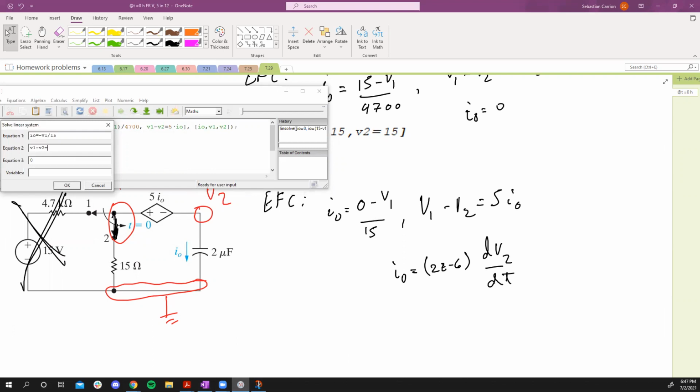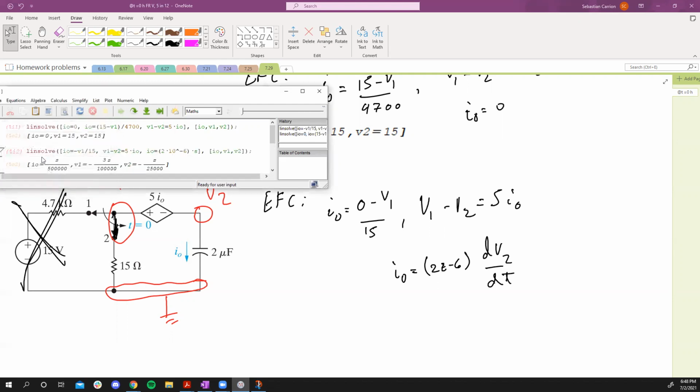V1 minus V2 equals 5 times i0. i0 equals 2 times 10 to the negative 6 times s. i0, V1, V2. So it spits out something different.